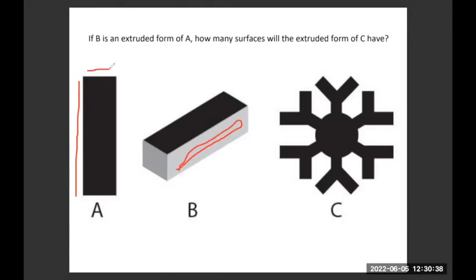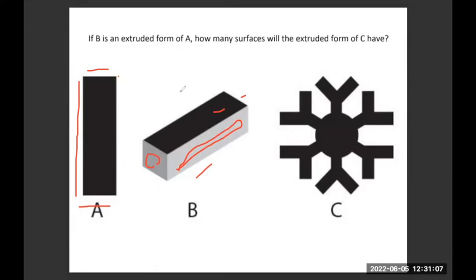Another line or edge becomes another surface like this. The third one becomes another surface like that, which happens at the back. And the fourth one, at the bottom, becomes another surface, which happens here. Besides this, a form will always have a top and a bottom, which are the 2 surfaces that get added in addition to the number of lines or edges that are there.